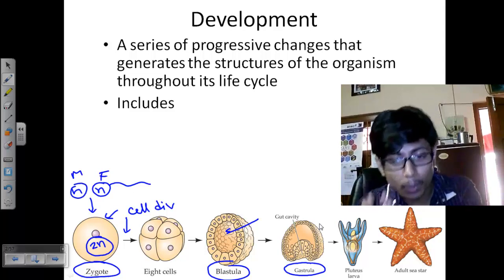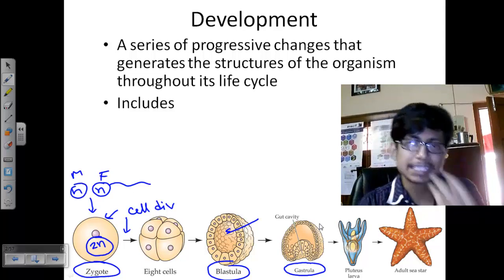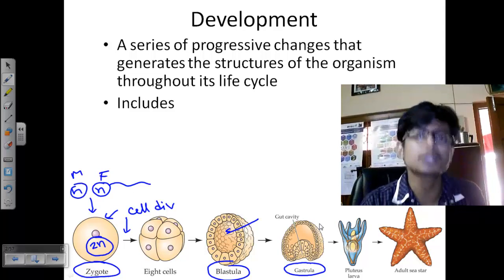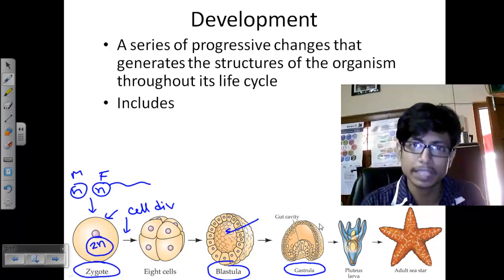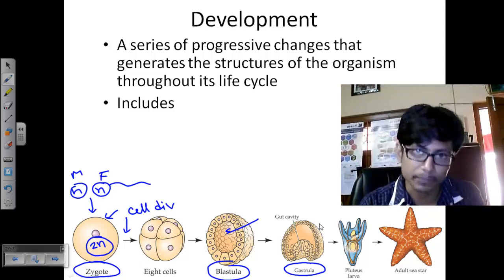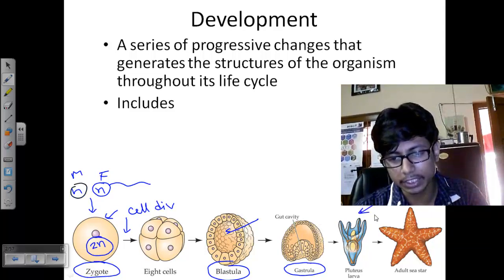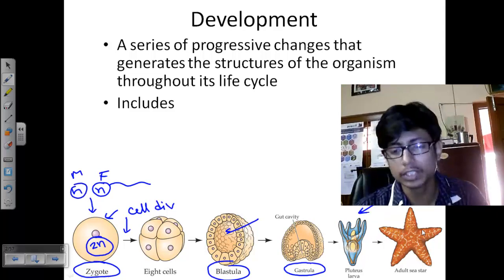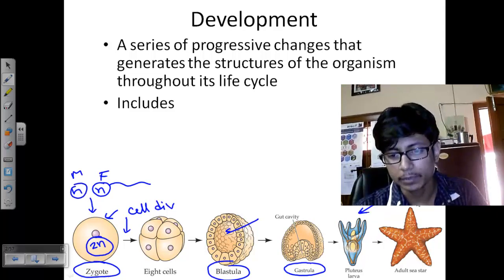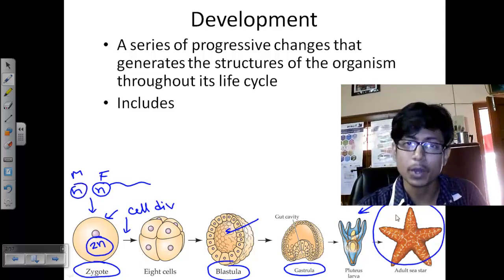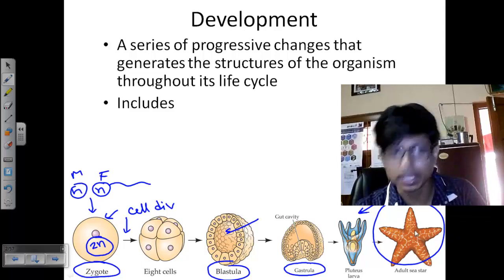But for the morphogenesis, a cell should have a proper instruction to grow, and that instruction they got is from the gastrulation, right? So see here, this is the gastrula phase. After this gastrulation, organogenesis takes place, morphogenesis takes place, and finally you will see the complete organism formed. In this case, it is a starfish.